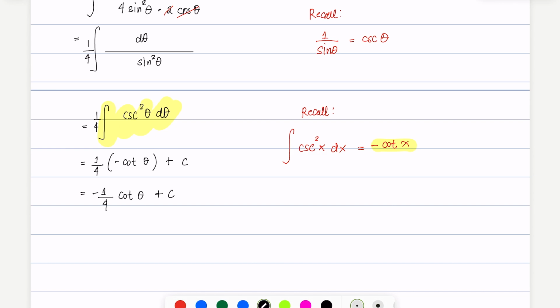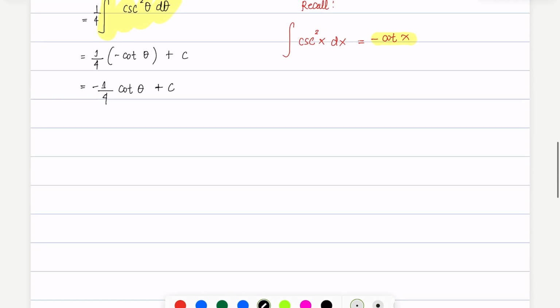Now we are not done yet, because we're going to utilize our triangles in this case. Recall that we actually set x equal to 2 sine theta. Now, this implies that x over 2 is simply the sine of theta. I'm going to write it in red. Take note of the mnemonic that sine is opposite over the hypotenuse.